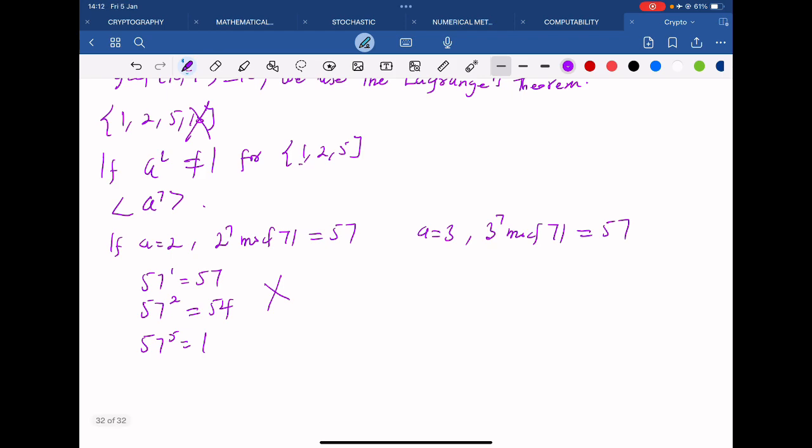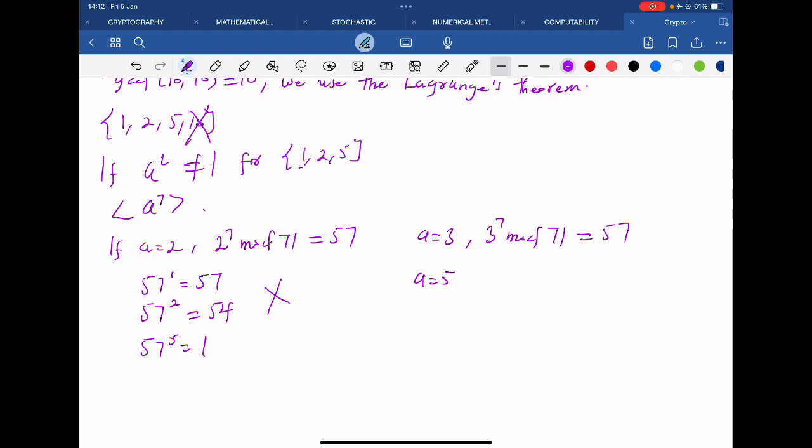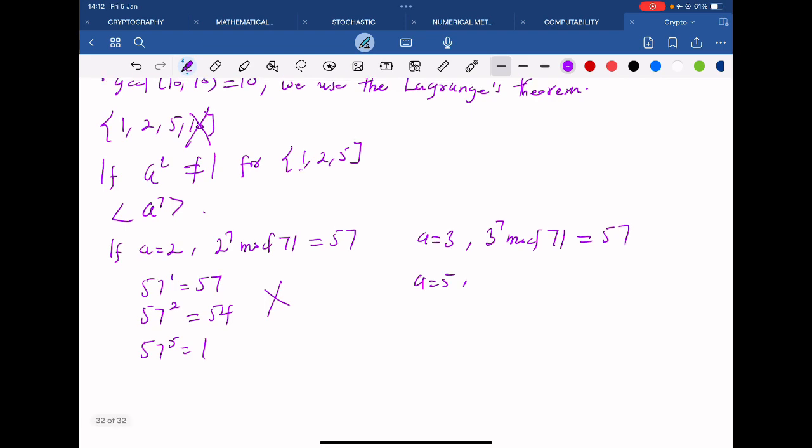Now let's move on to the next prime number, which is A is equal to 5. When A is equal to 5, we are going to get 5 exponent 7 modulo 71, and that is equal to 25. So now let's see, is 25 exponent L not equal to 1?